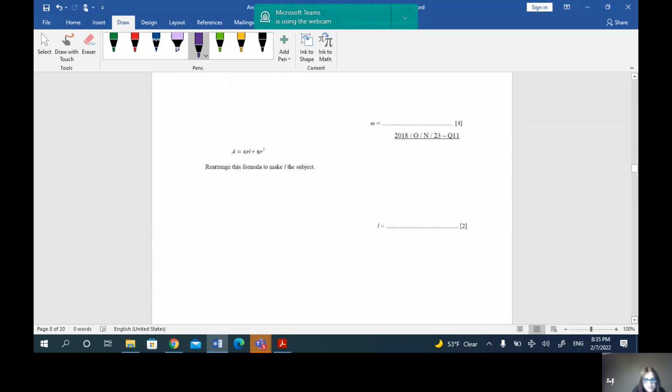Okay, now we have here this formula. A is equal to pi r L plus pi r squared, and they want us here to make L the subject. So we're going to get rid of this here and send it to the other side of the equal.